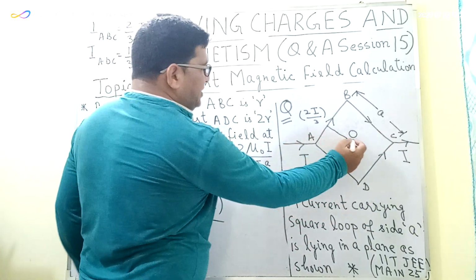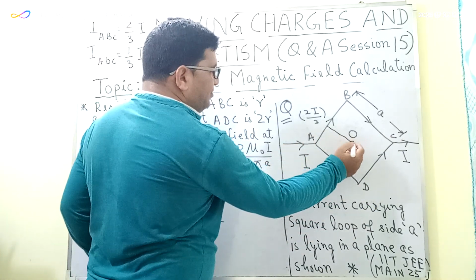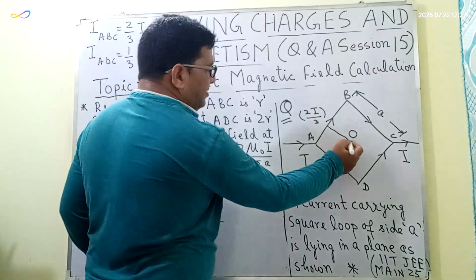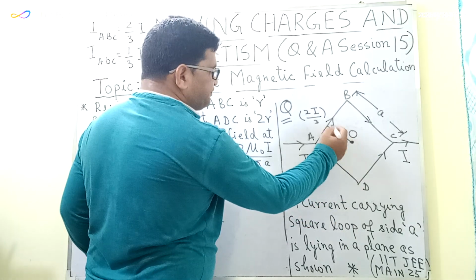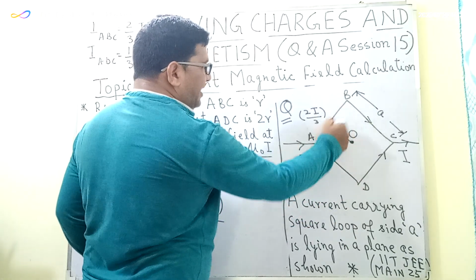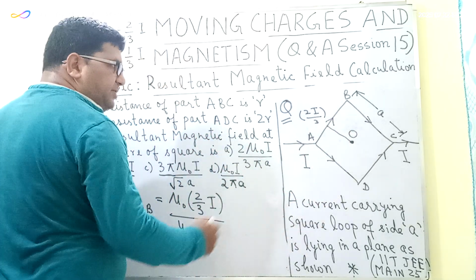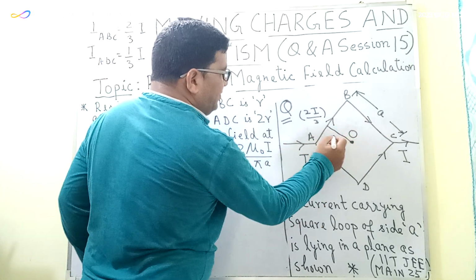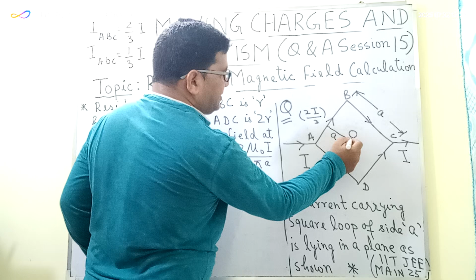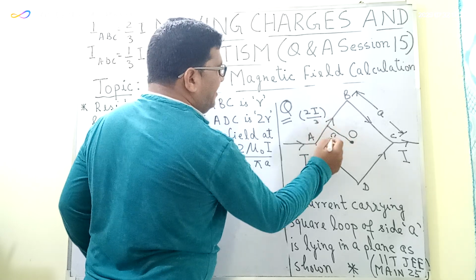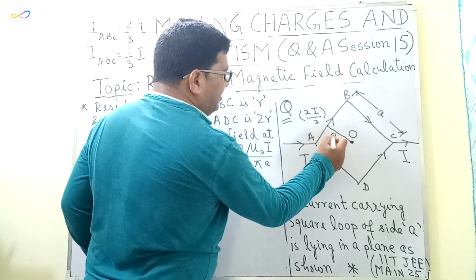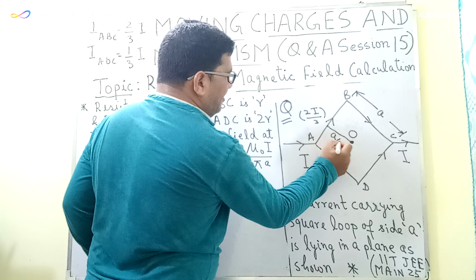Now the distance of this point O, which is the center of this square, from this current carrying conductor is equal to A by 2 because the length of each side is A. So this distance, that is from O to this wire AB, will be equal to A by 2.